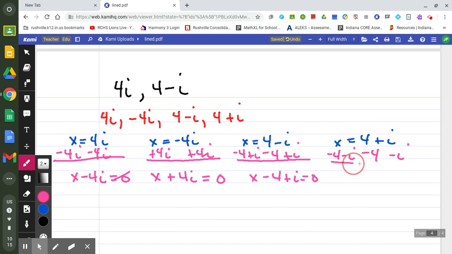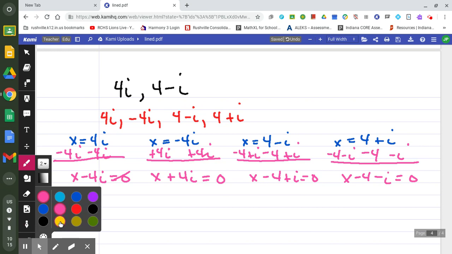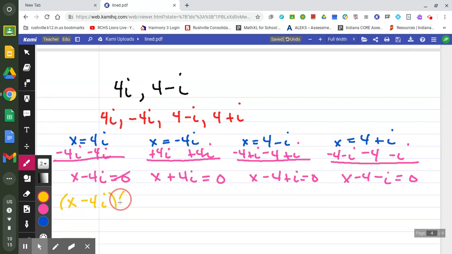So then we have x minus 4 minus i equals 0. So again, we're going to be foiling. We need to foil the 2 that are alike with each other. So I'm going to foil x minus 4i times x plus 4i. And then over here, I will do x minus 4 plus i times x minus 4 minus i.